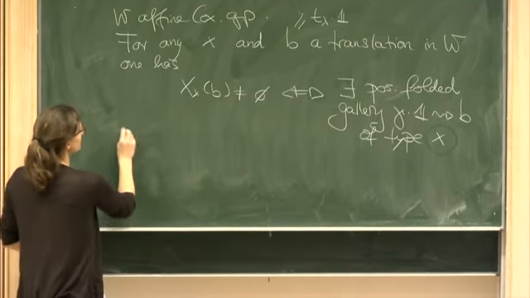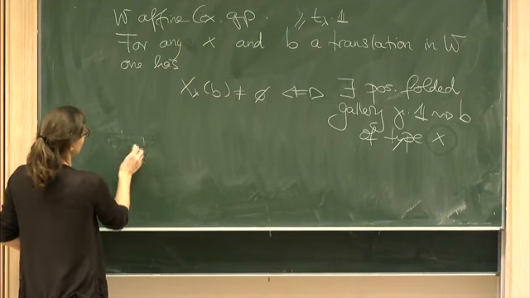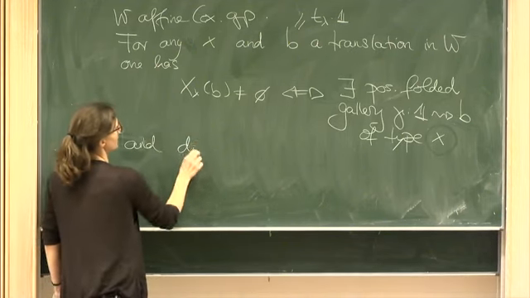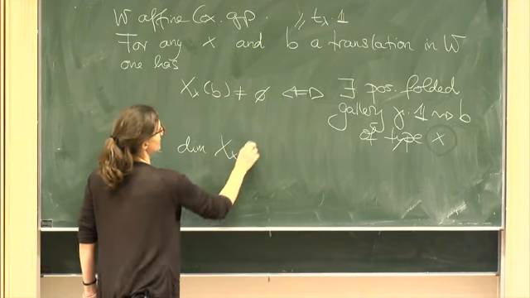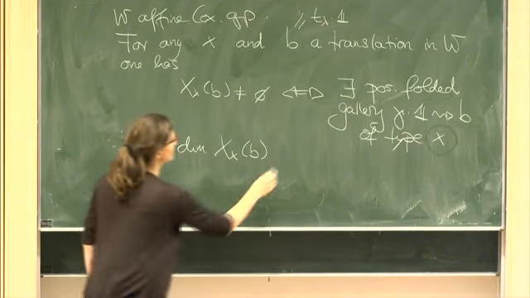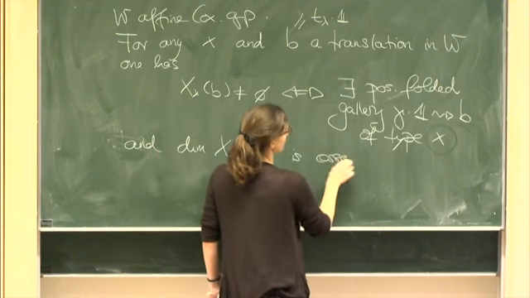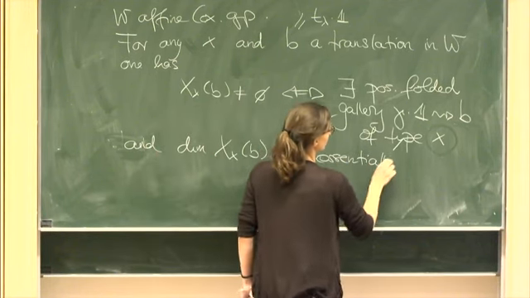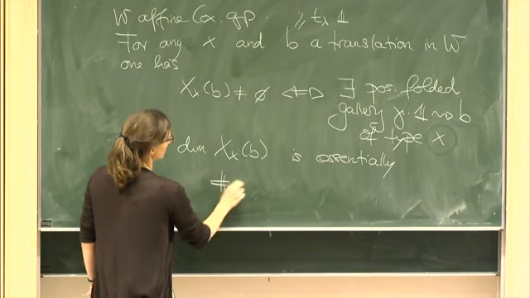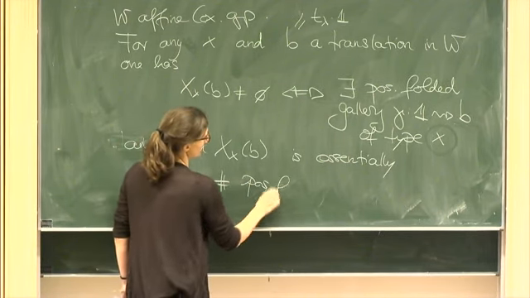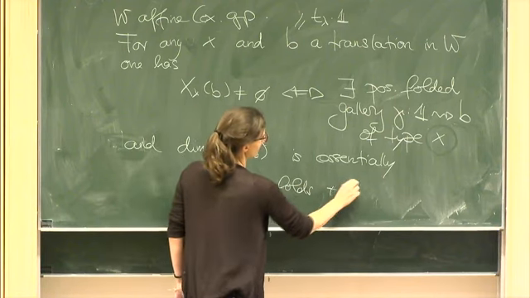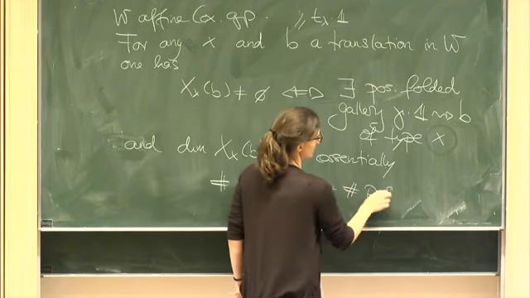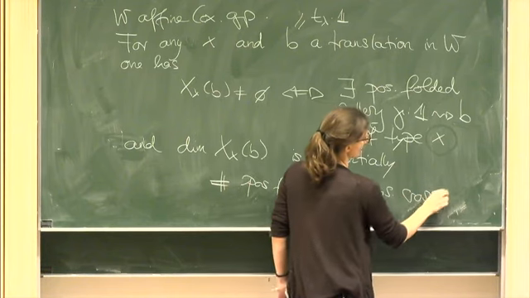And not only this, but also the dimension of this variety is essentially given by the number of positive folds plus the number of positive crossings.